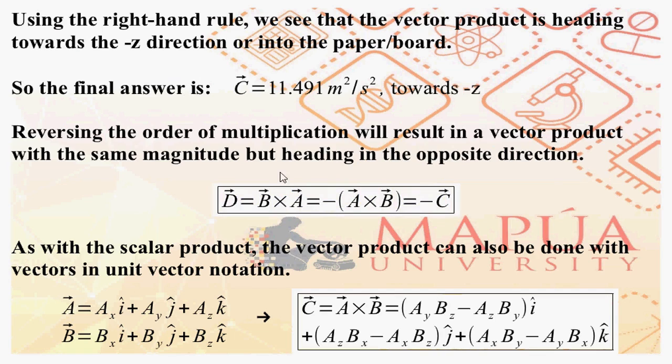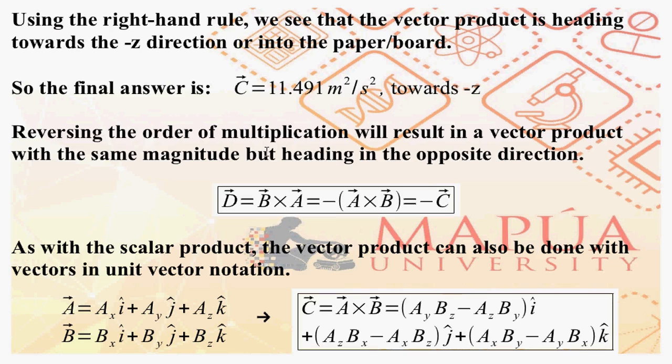If you do it on the screen of your computer, the vector product will be heading towards the negative Z direction, into the board, into the paper, or into the computer screen. So the final answer is vector C is equal to 11.491 meters squared per second squared towards negative Z.